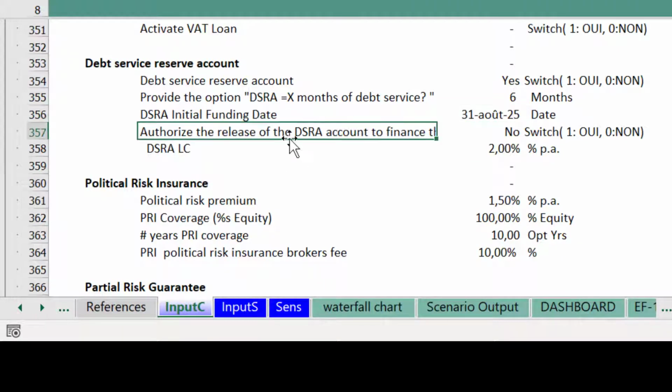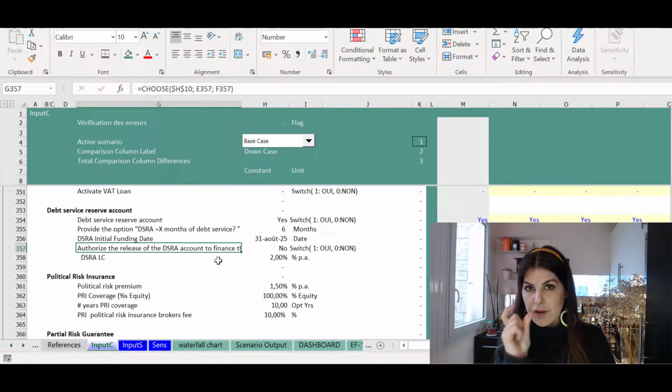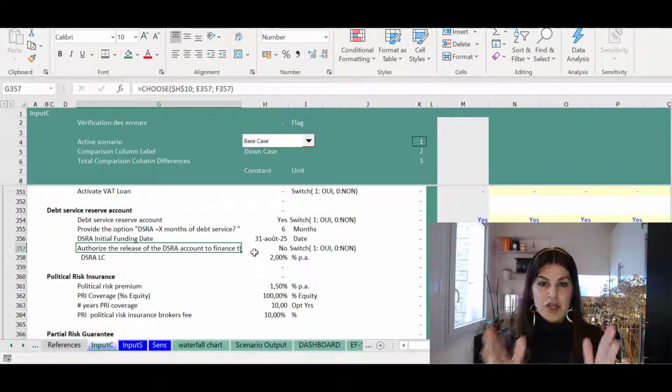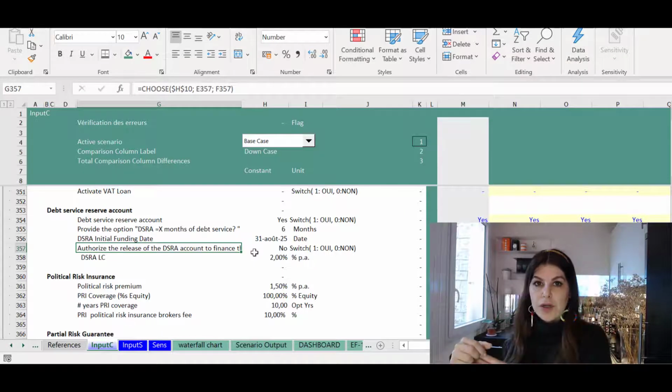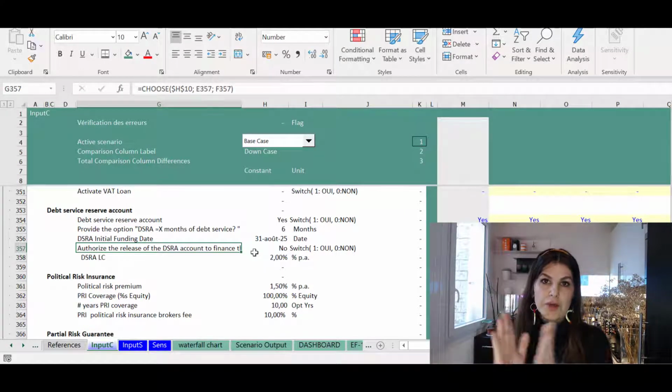The next parameter that I have in my inputs is, as we discussed, whether the model authorizes any cash release from the debt service reserve account throughout the life of the loan. So if it is no, this means that the cash is trapped and is going to be released only when we are done repaying the debt.